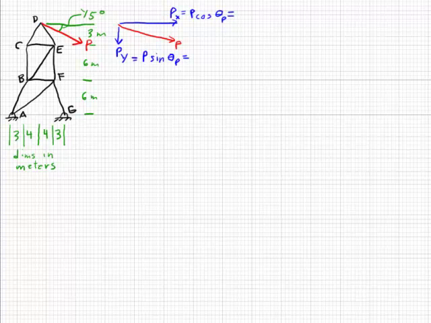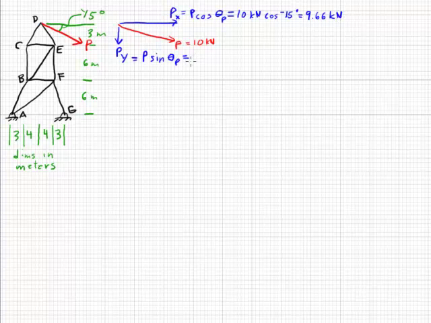We'll assume that P is 10 kilonewtons. And our calculations then will look like this. 10 kilonewtons times the cosine of negative 15 degrees, which results in 9.66 kilonewtons.